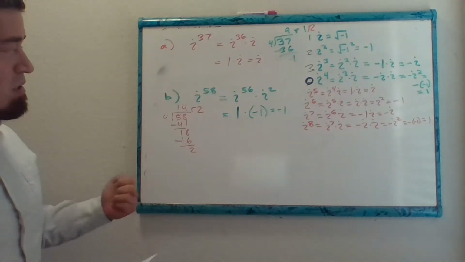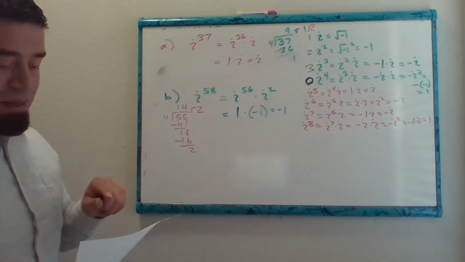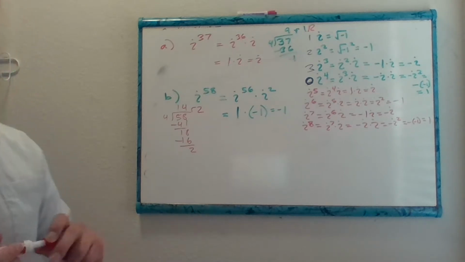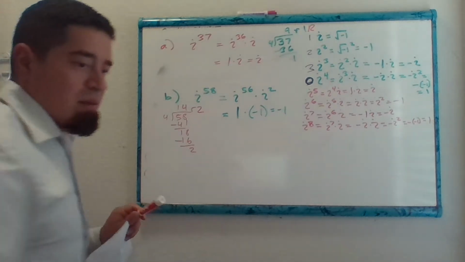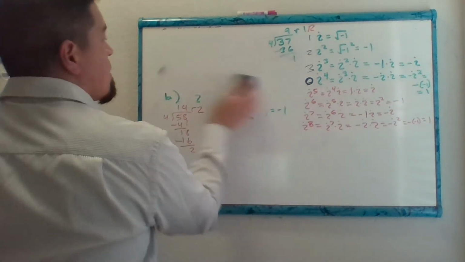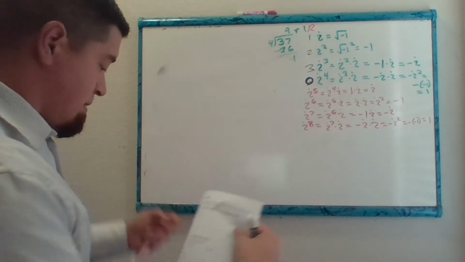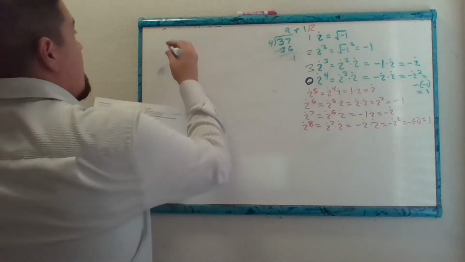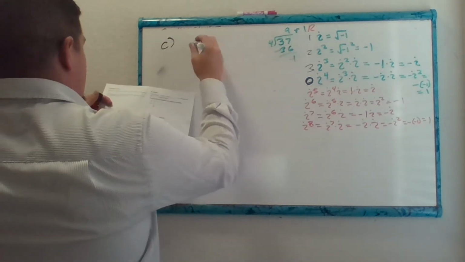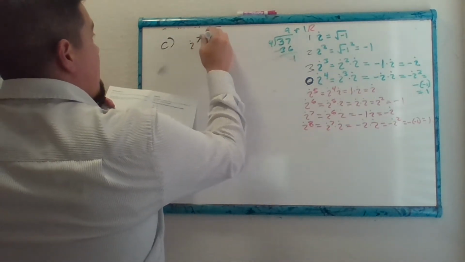So what I would want you to do is go ahead and try C and D. Okay, try C and D. Pause the video. Try C and D. All right. So on C, you would go i to the 75th power.